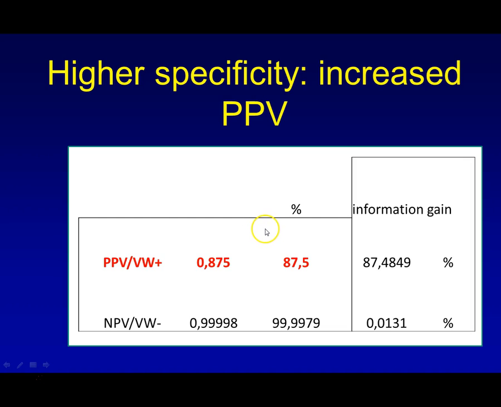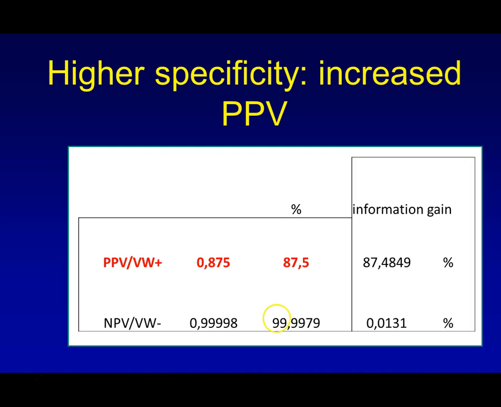The higher specificity increased the positive predictive value because after applying the test in the same population but with a different algorithm, we found a positive predictive value of 87.5%.